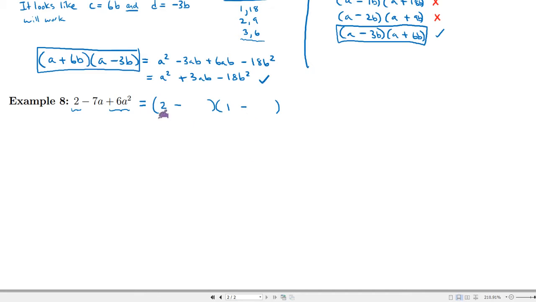And let's look at how to make a 6a squared. We want the product as 6a squared. So what are the possibilities?